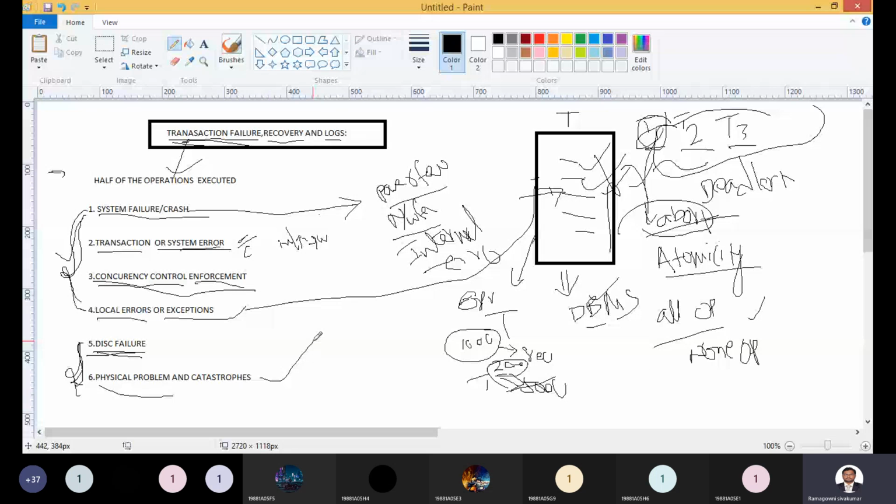That means when the whole system is destroyed physically, for example when cracks or floods happen and the whole system gets destroyed. In that case it is hard to recover. So these are hard-to-recover failures.